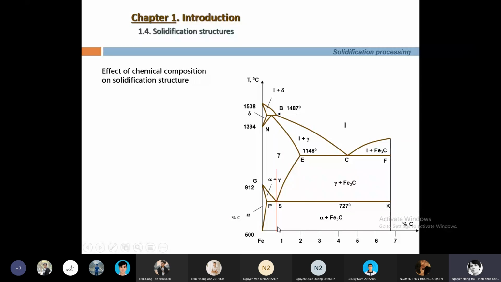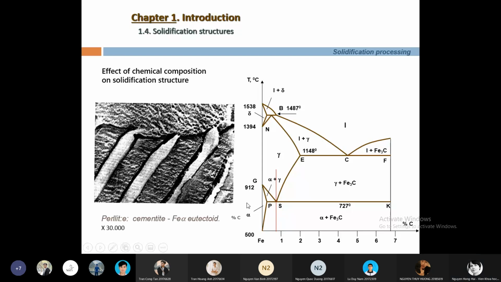If the content of the carbon is about 1.8%, you can have the cementite, the pearlite texture.